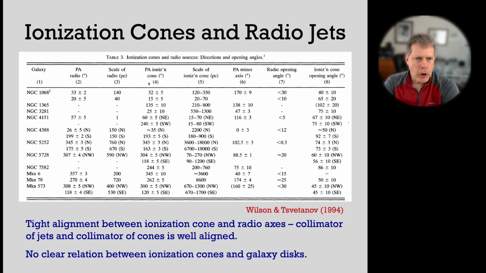So there's a remarkable degree of alignment between the ionization cone and the radio axes, which is quite interesting. That's telling you that the collimator of the jets and the collimator of the ionization cones are well aligned. You can just statistically see that from looking at the position angles and how they correspond to each other.